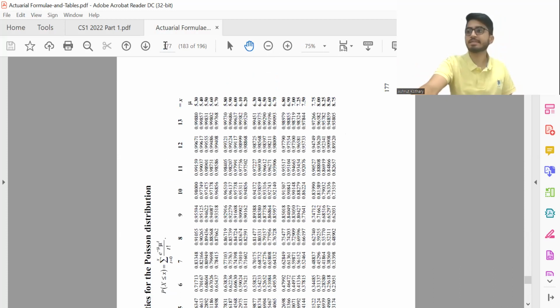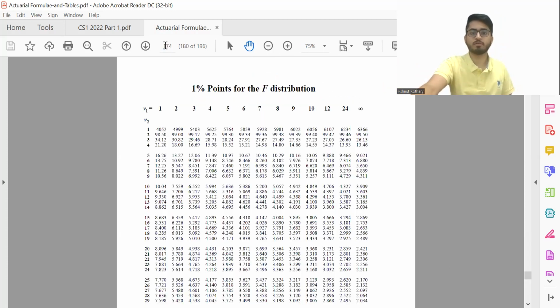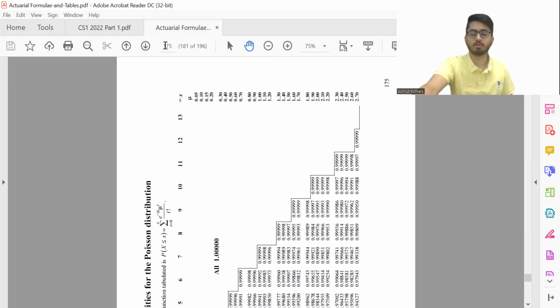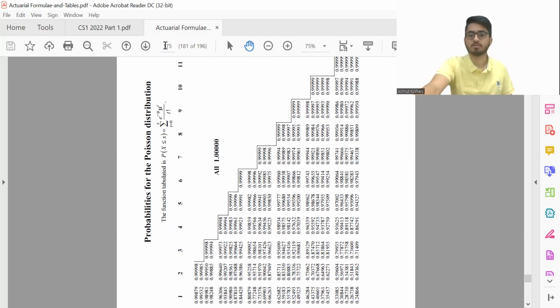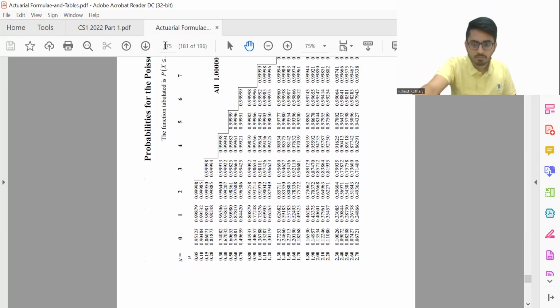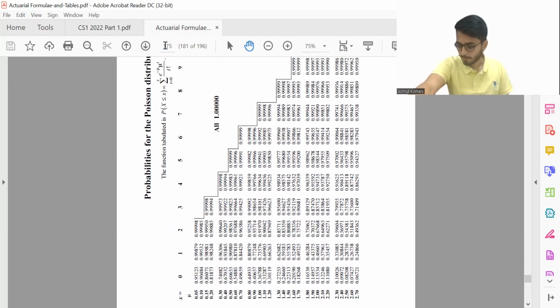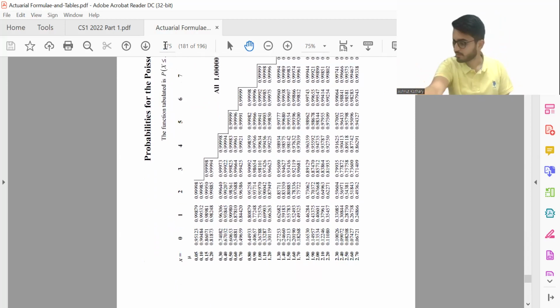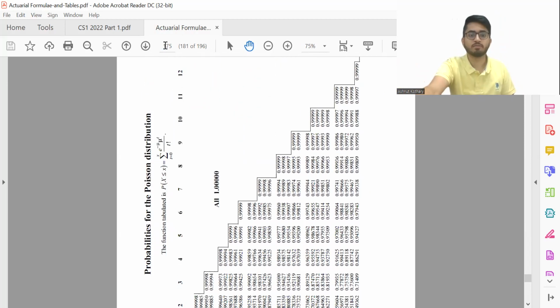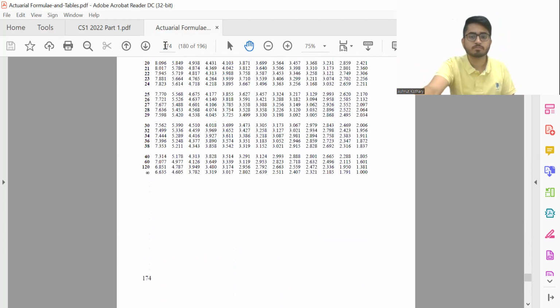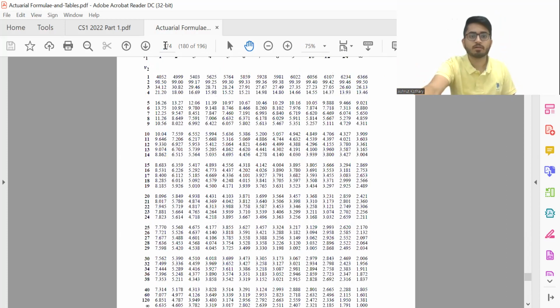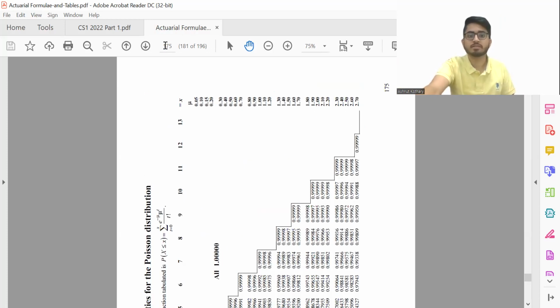we also have the CDF table, that is the less than equal to type probabilities for my Poisson distribution. It's page number 175 on PDF, not sure if this is what you have. This is 175, I guess.